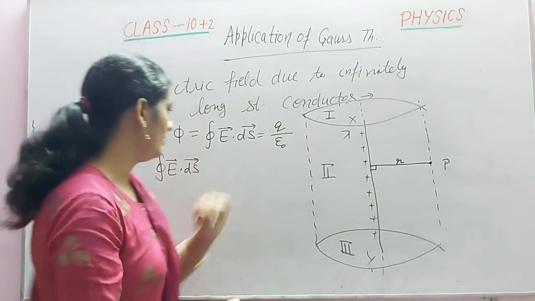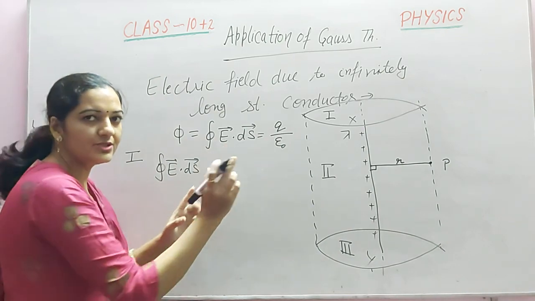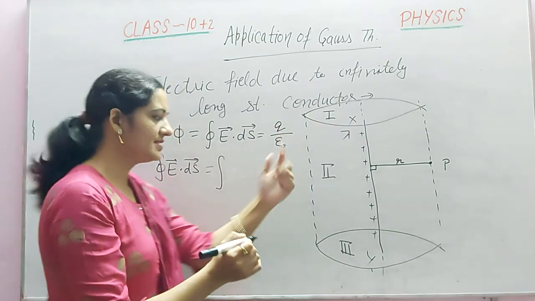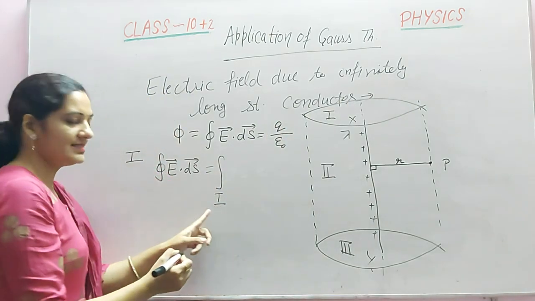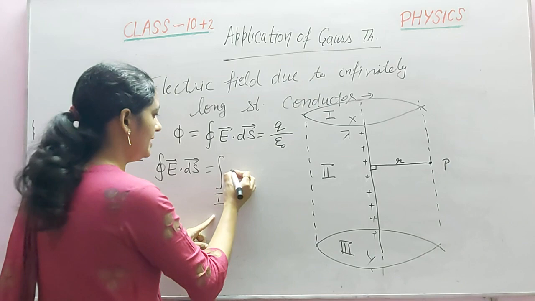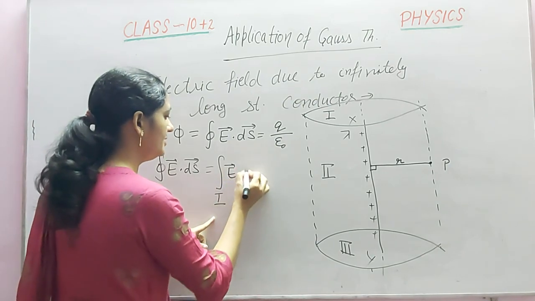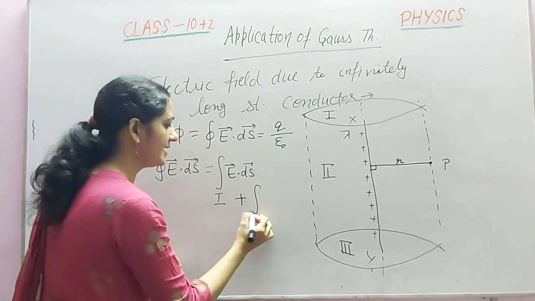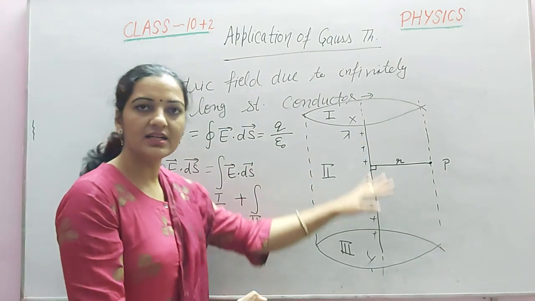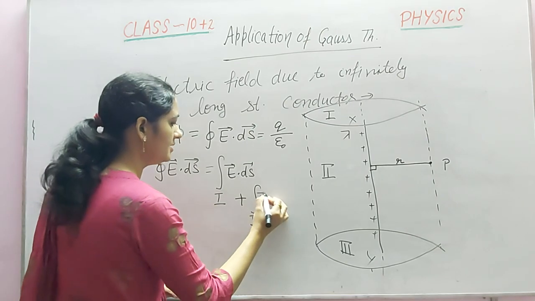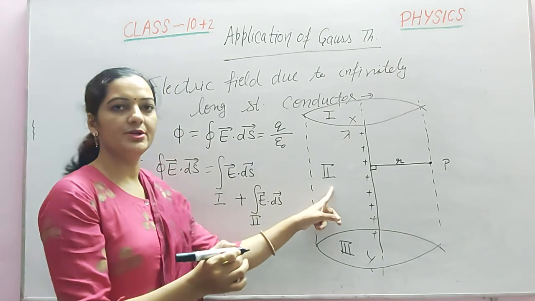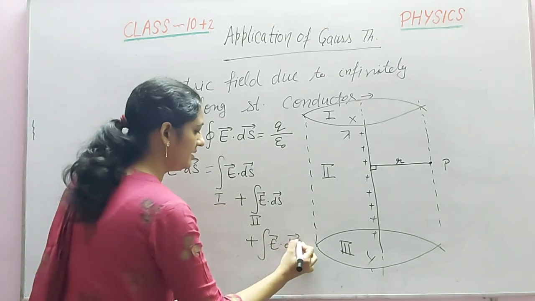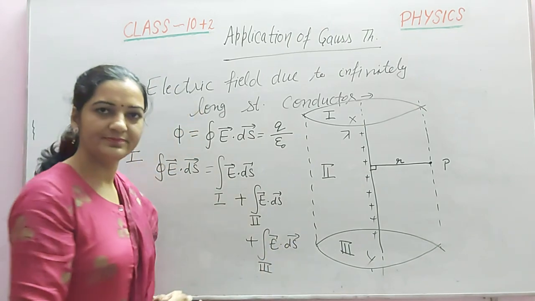Clear to you? Now, we will resolve it into 3 parts. That is, for the upper surface, which is circular, that is circular surface number 1, it is E dot ds at region 1, plus the second region is curved, so E dot ds for number 2, and the third is again a circle, so this.